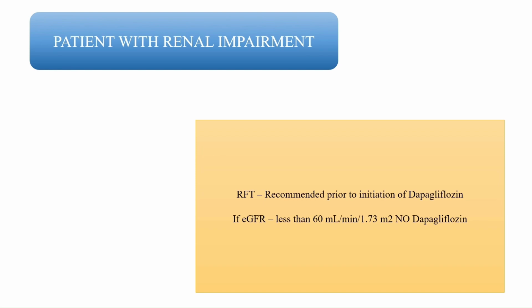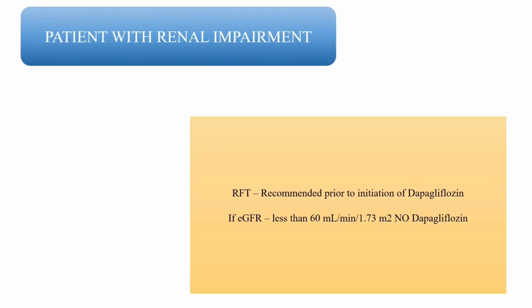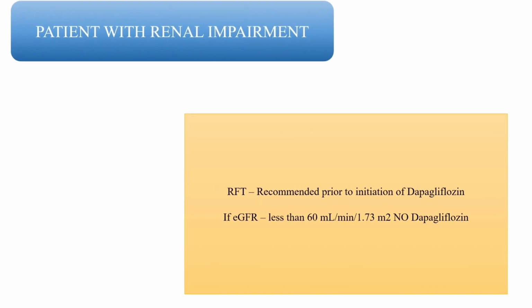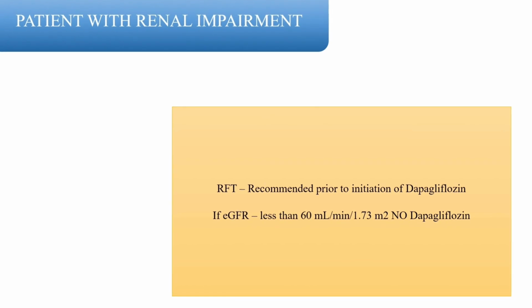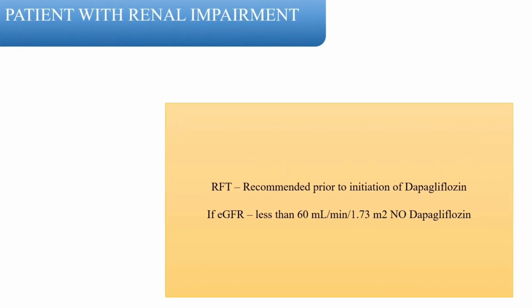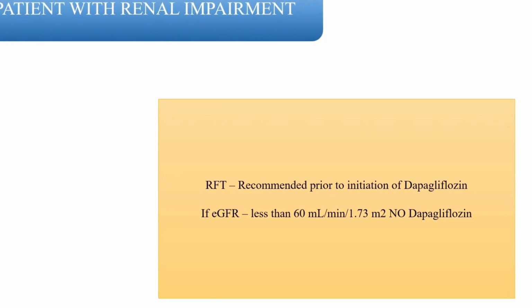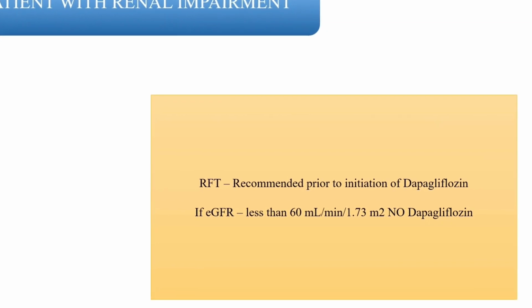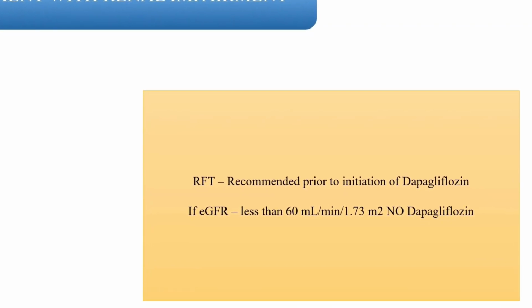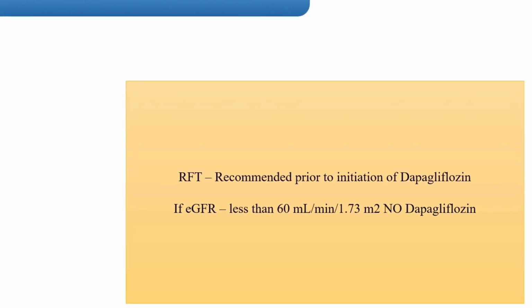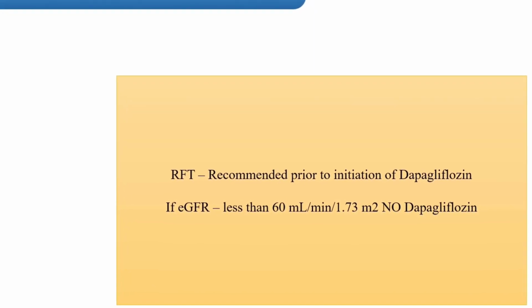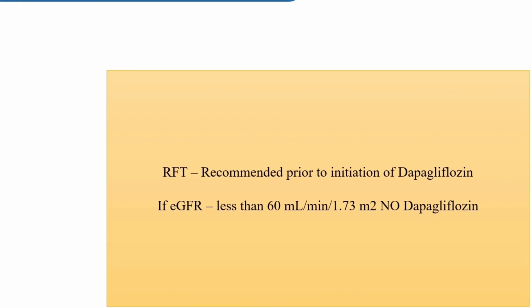In patients with renal impairment, a renal function test is recommended prior to the initiation of dapagliflozin because it works on the kidney. If the glomerular filtration rate is less than 60 ml per minute per 1.73 square meter body surface area, then dapagliflozin is not supposed to be started.